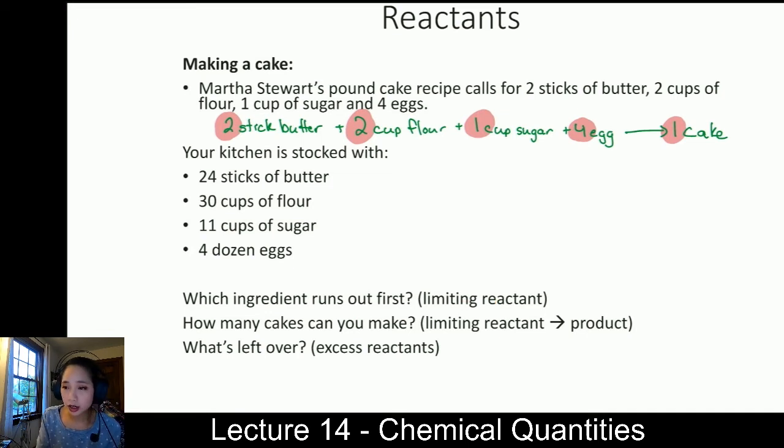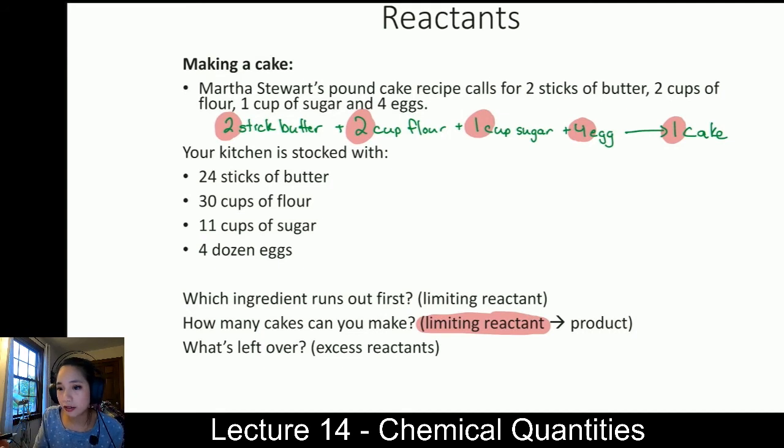Or another way I can ask it is, how many cakes can you make? Like, what's the maximum number of cakes you can make? To figure that out, you need to take whatever the limiting reactant is, whatever runs out first, and use the coefficients to figure out how many cake products you can make. The important thing here is that you use whatever runs out first, because that is what will determine how many cakes or how much product you make.